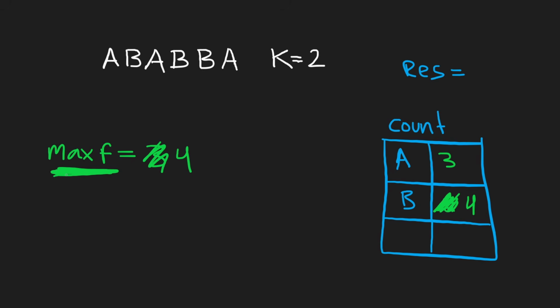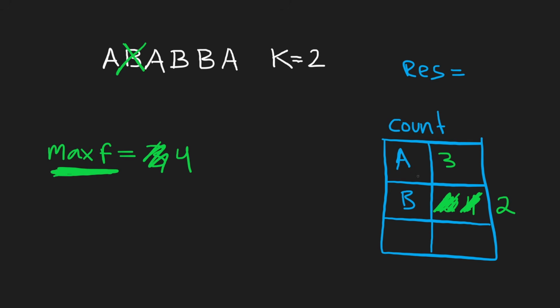Now, the one problem is if we're trying to maintain the count of the most frequent character, what happens when we take our left pointer and shift it? When we do that, we're basically removing a character, and therefore we're going to have to update our count map. Let's say we took B and decremented it from 4 all the way down to 2.